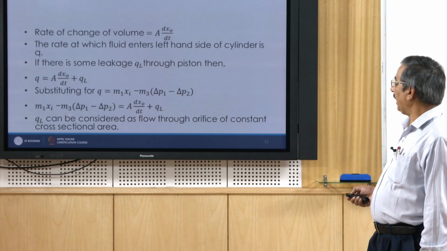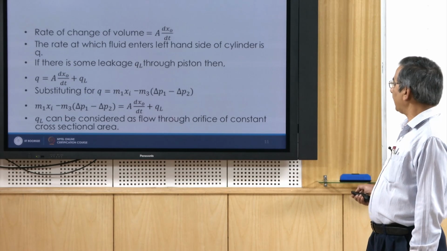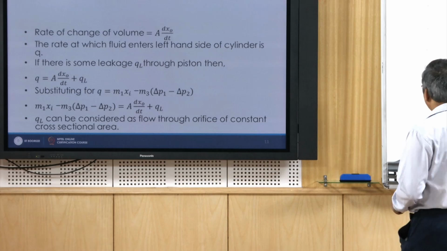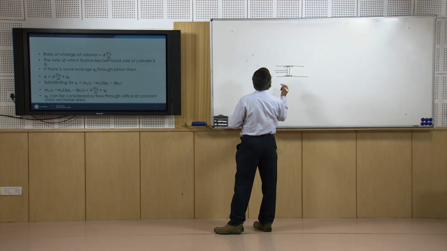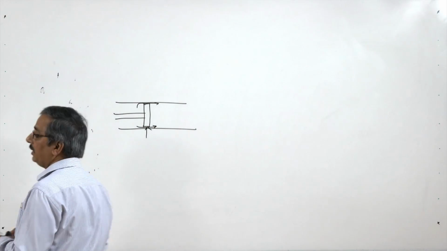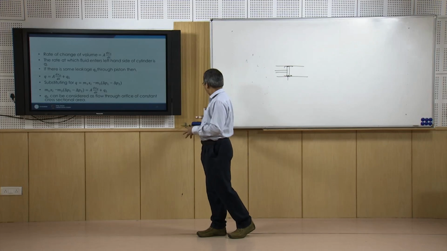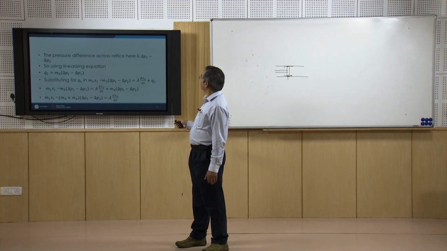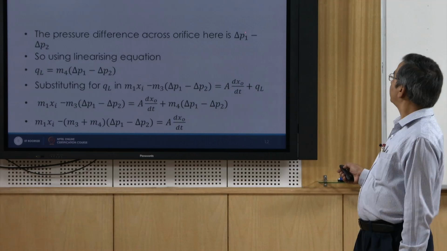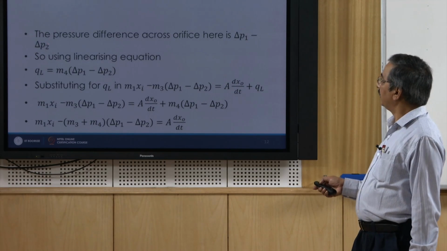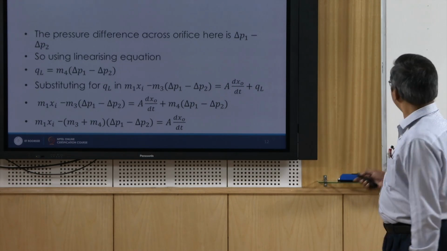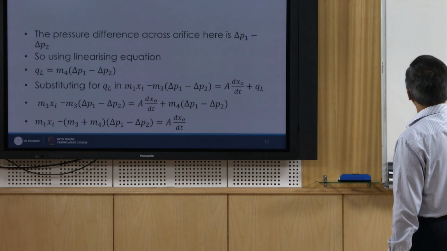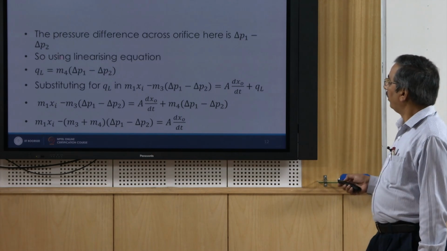Now, QL can be considered as flow through an orifice of constant cross section. The pressure difference across the orifice will be delta P1 minus delta P2, because on this side the pressure is delta P1 and on this side the pressure is delta P2.